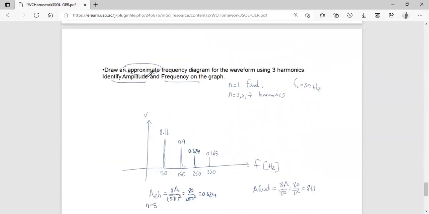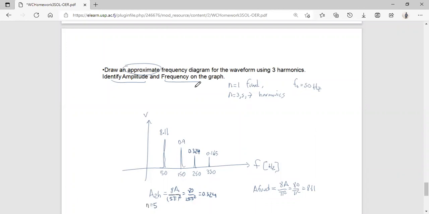Next part is draw an approximate frequency diagram for the waveform using three harmonics, and identify the amplitude and the frequency on the graph. Now, all of you have done Fourier transform, isn't it? So when you are drawing the Fourier transformation, it is always magnitude against frequency.